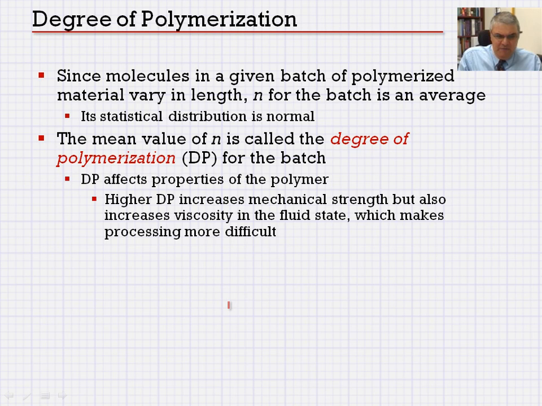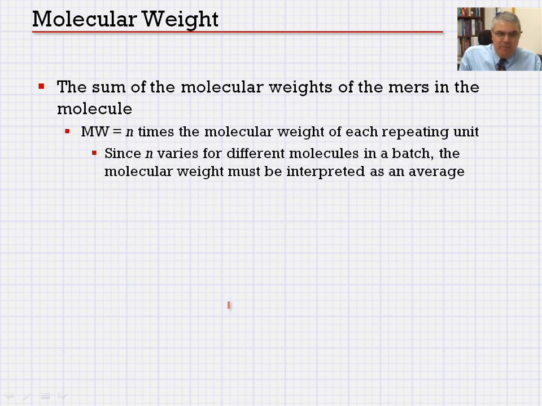So the degree of polymerization is important because it affects the properties of most polymers in such a way that higher DP increases the mechanical strength, but it also increases the viscosity in the fluid state.